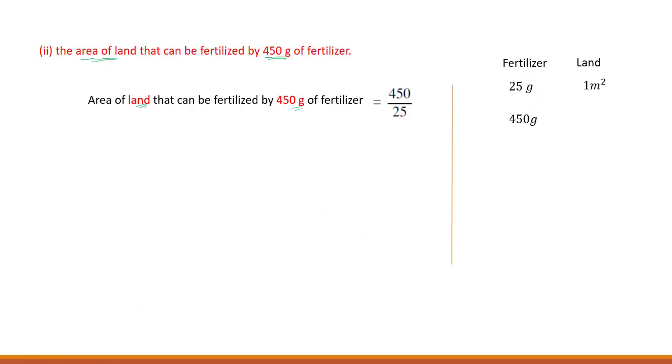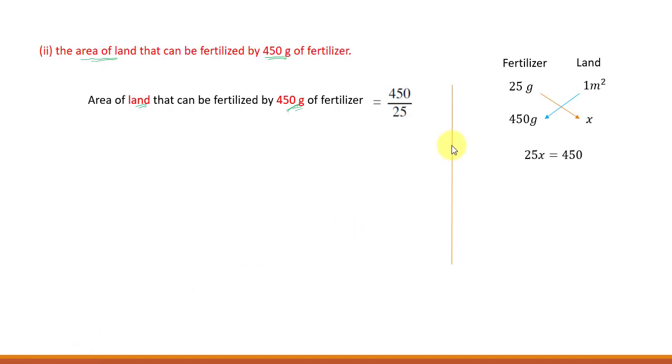Then for 450 grams of fertilizer, which is given in the question, how much area of land is required? We denote it by x. Simply cross multiply. 25 will be multiplied by x and 450 will be multiplied by 1.